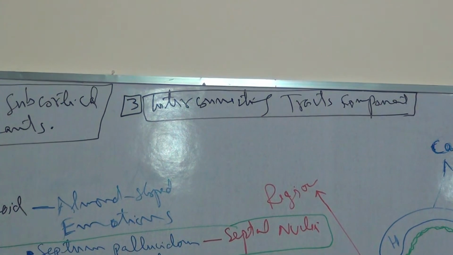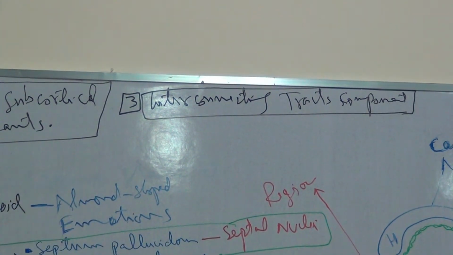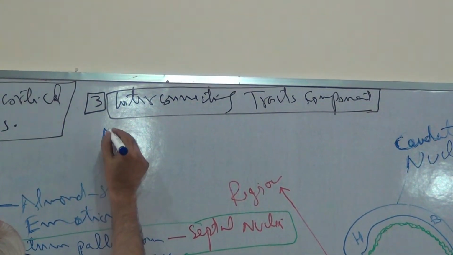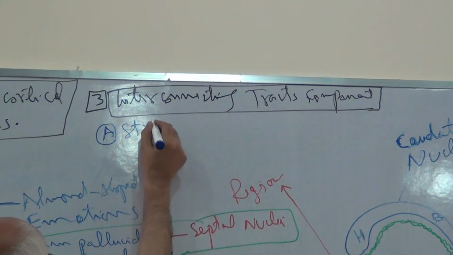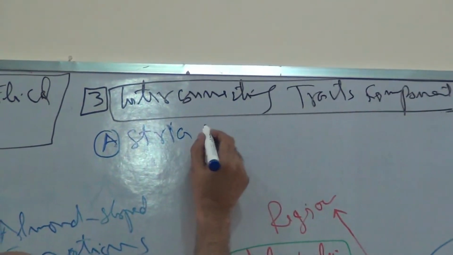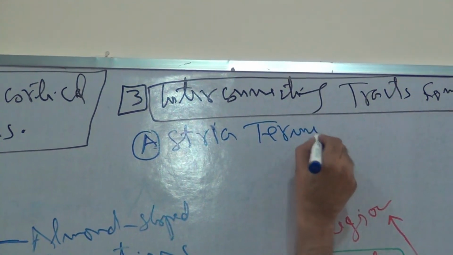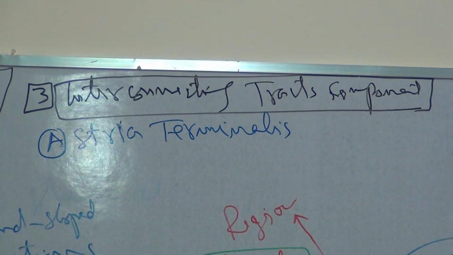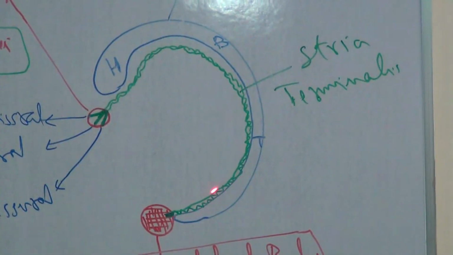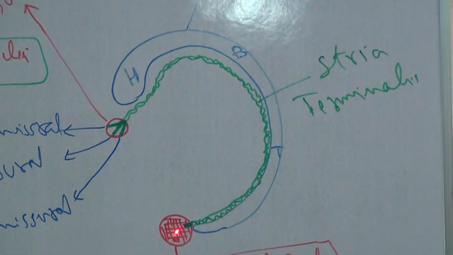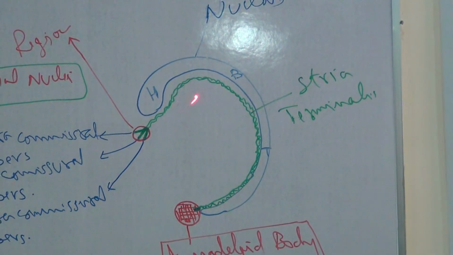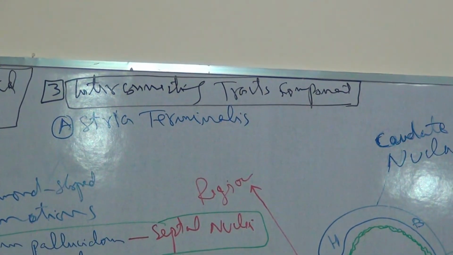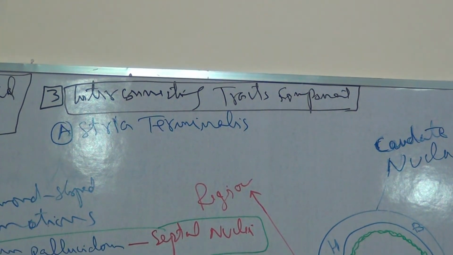The third component. The stria terminalis, which I just briefly described: these bundles of nerve fibers arise from the amygdaloid body and reach this region, then it is divided into these commissural fibers. So the stria terminalis is one of the tracts which interconnect different parts of the limbic system.